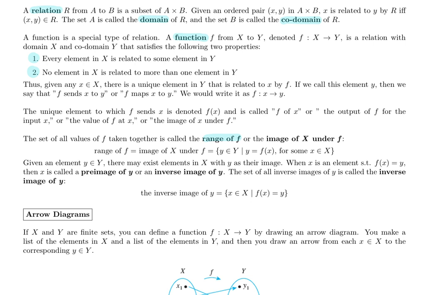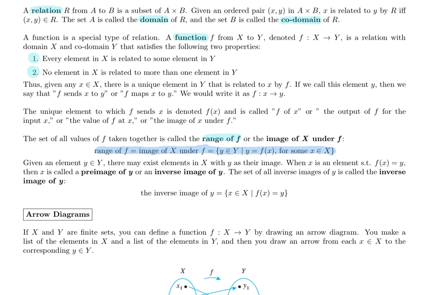So we say the range of f is the set of elements y in the codomain such that y equals f of x for some element x in the domain X. In other words, the range is the set of elements in the codomain that are being mapped to by the function f.